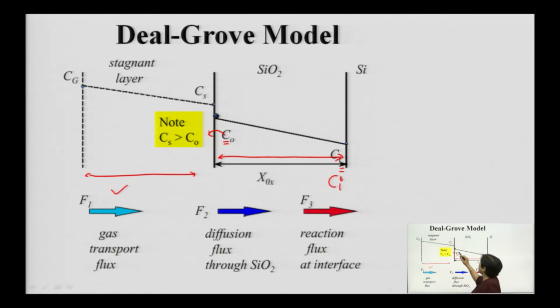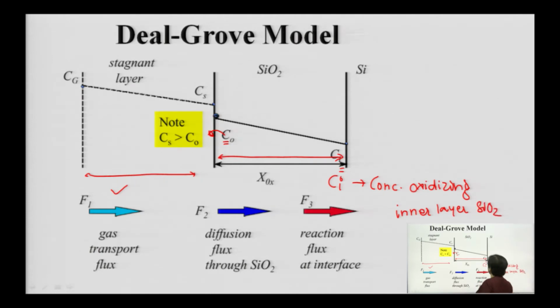So, Co is the concentration of the oxidizing species on the outer surface of the silicon dioxide layer, and Ci is the concentration of the oxidizing species at the inner portion, the inward direction, of the SiO2. This is what I am defining.